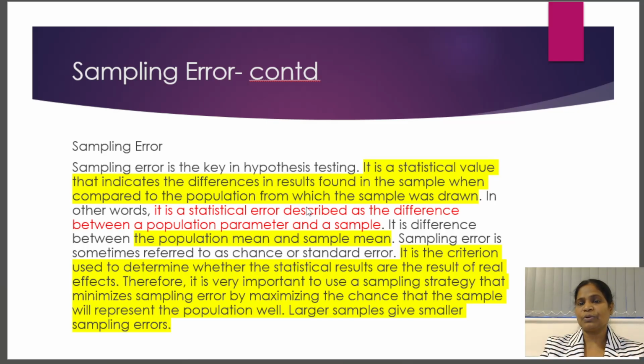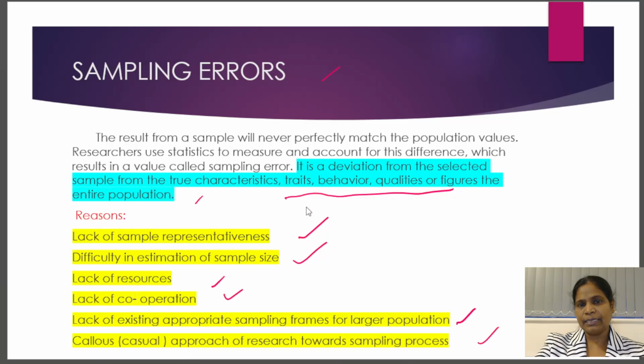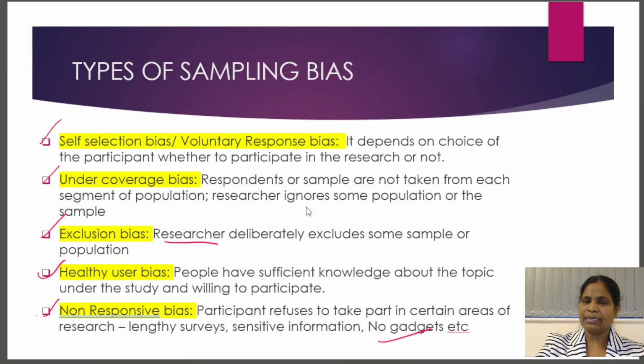Most preferably, larger samples will reduce the errors. If you conduct a study on 25 or 30 samples and try to generalize it to thousands of population, it doesn't suit, isn't it? So as much as possible, we should try to minimize sampling errors as well as sampling bias.